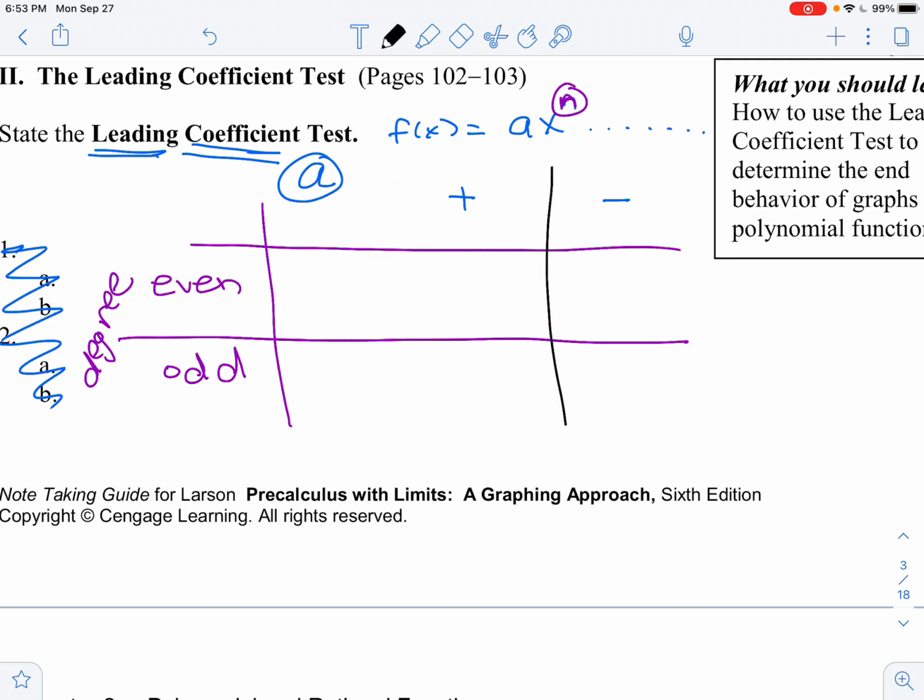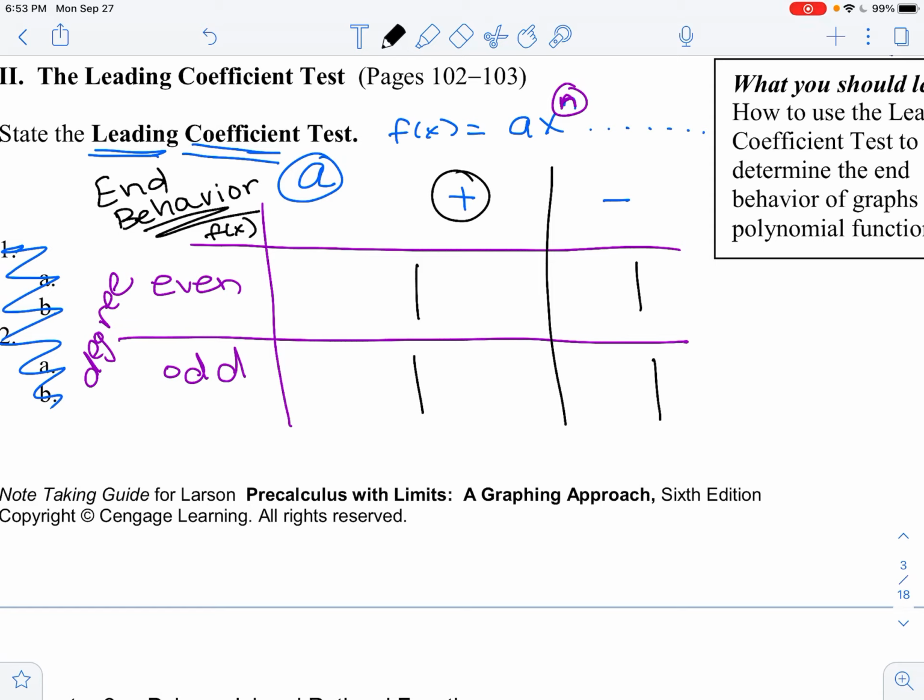Here's what we know. I don't know what's going on in the middle of our graphs, but the leading coefficient test tells us the end behavior of our function. So here's what we know about every positive function ever.